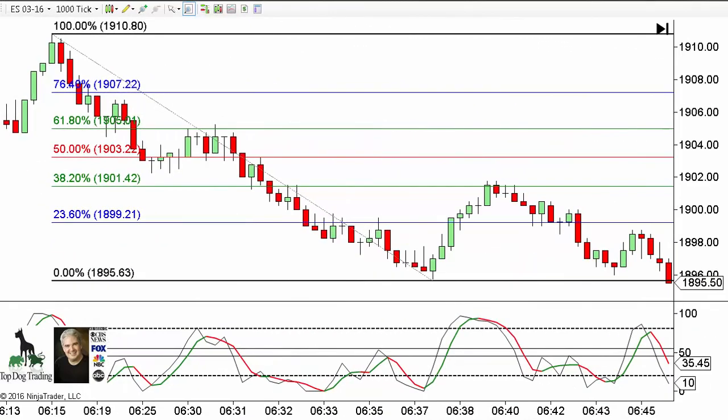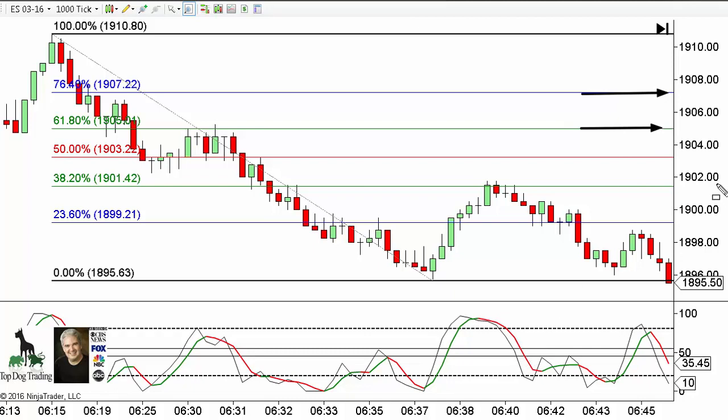So now I've added the cycle indicator to the bottom of the chart, and this makes all the difference in the world. So as I said, Fibonacci levels, as well as some other levels like pivots and so forth, give us price levels where we would look for potential highs and lows on the market. The other thing, though, is that a chart is a two-dimensional object.